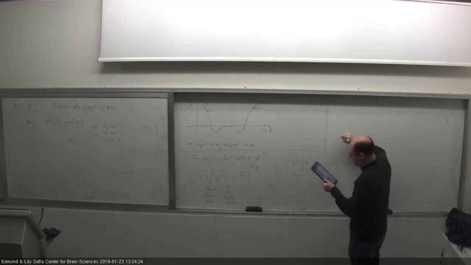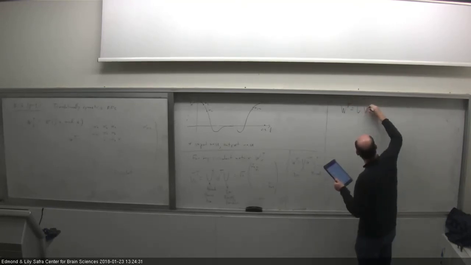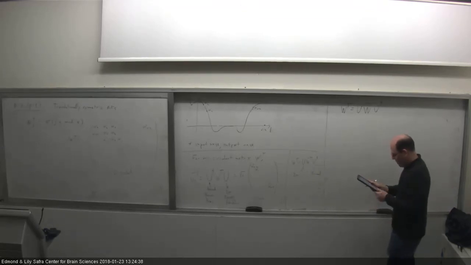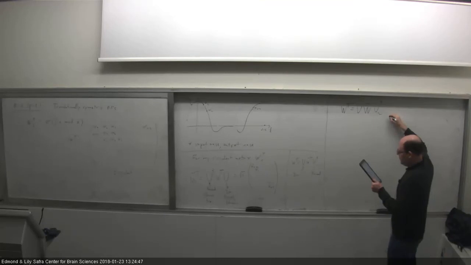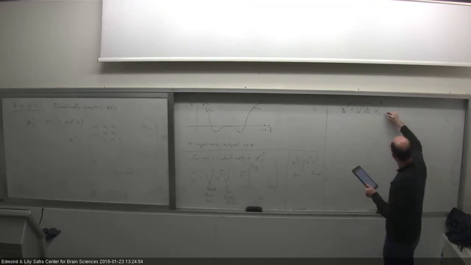If I look at this equation, let me write it again. W transpose is equal to U W tilde U dagger. This is a Fourier transform.